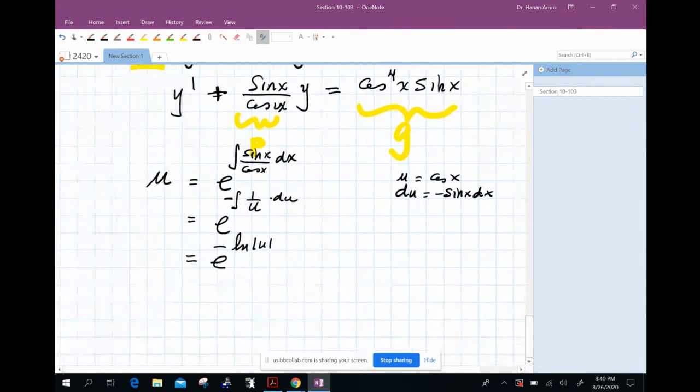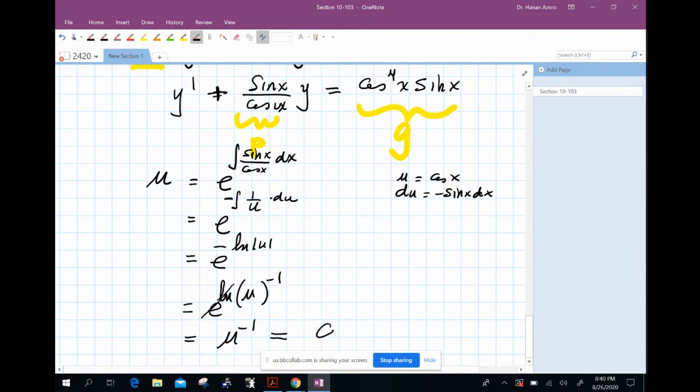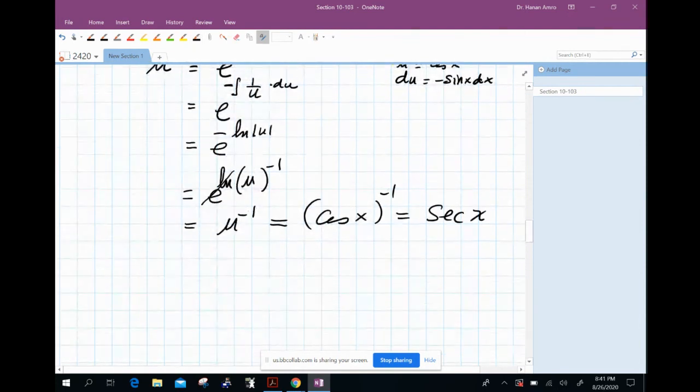Now the negative in the front means you leave ln and you put u to the negative 1. Now e and ln are inverses of each other. Therefore, this is just u to the negative 1, which equals cosine of x to the negative 1, or another way of saying it, secant x. So now we've found the integrating factor.